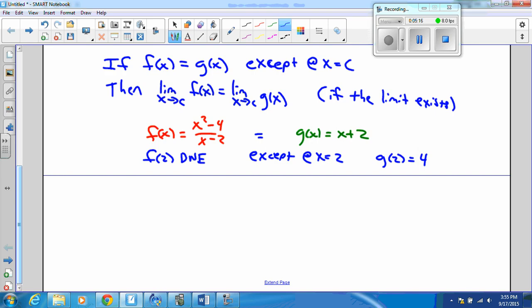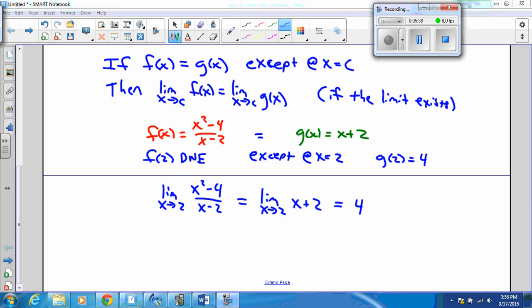So these two functions are equal except at the single point x equals 2, and therefore their limits must be the same. And the right-hand limit here is easy to evaluate because that's a linear function, and I can do it by direct substitution.